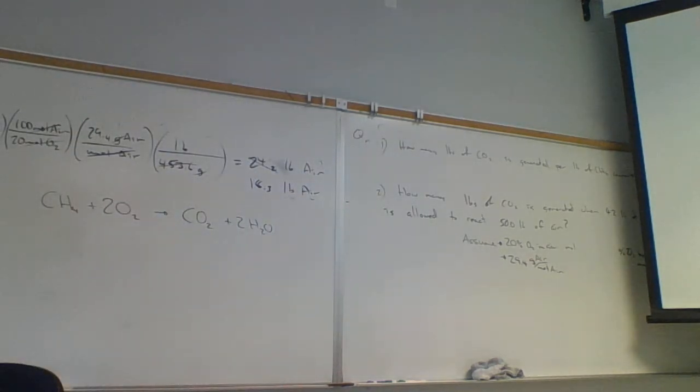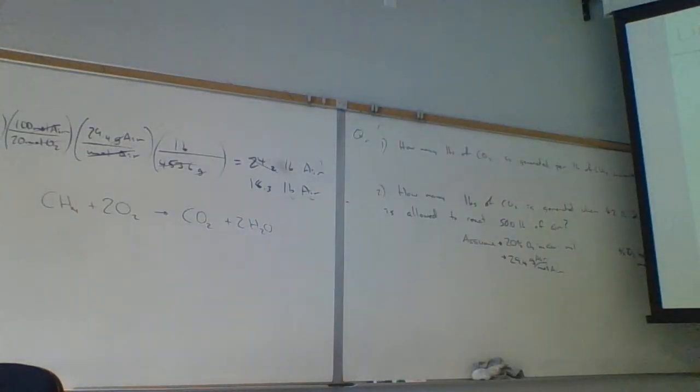Let's take a look at limiting reactant problems in general. In stoichiometry, these are the most common calculations that we do. When you're working in the lab, you're doing this all the time because you want to calculate how much of each is required, and you typically want to add a little bit of excess of one.